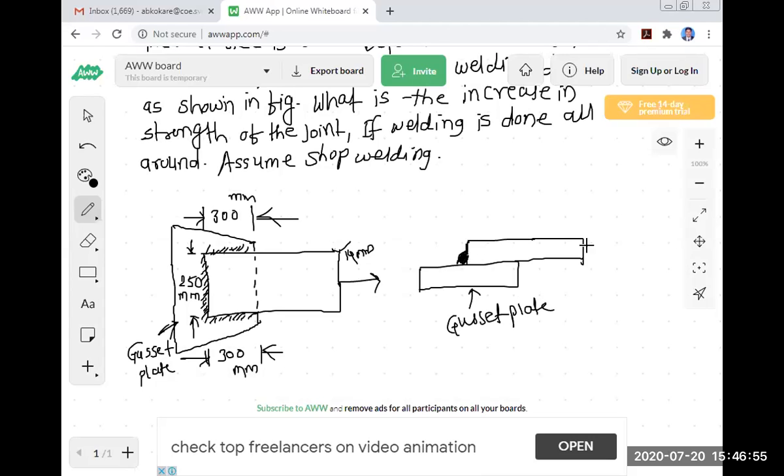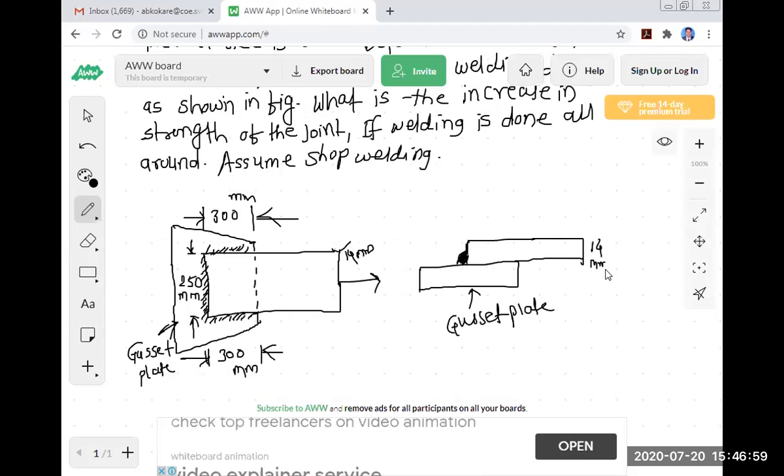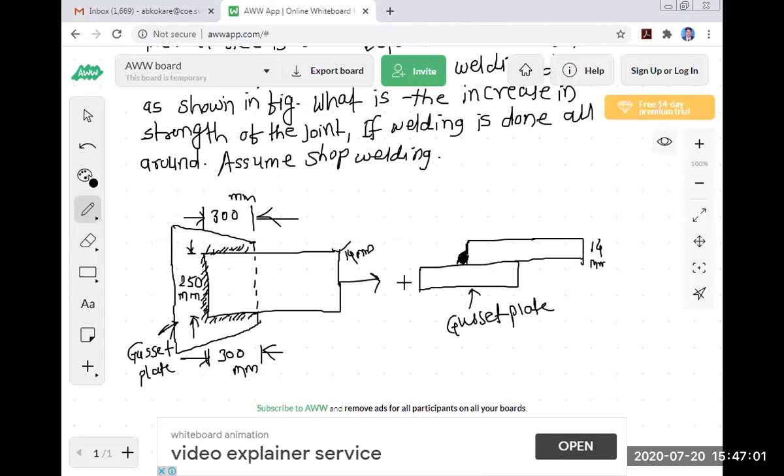Here the 14 mm thickness is there, and this is the gusset plate, having a thickness of 10 mm. Are you getting it?